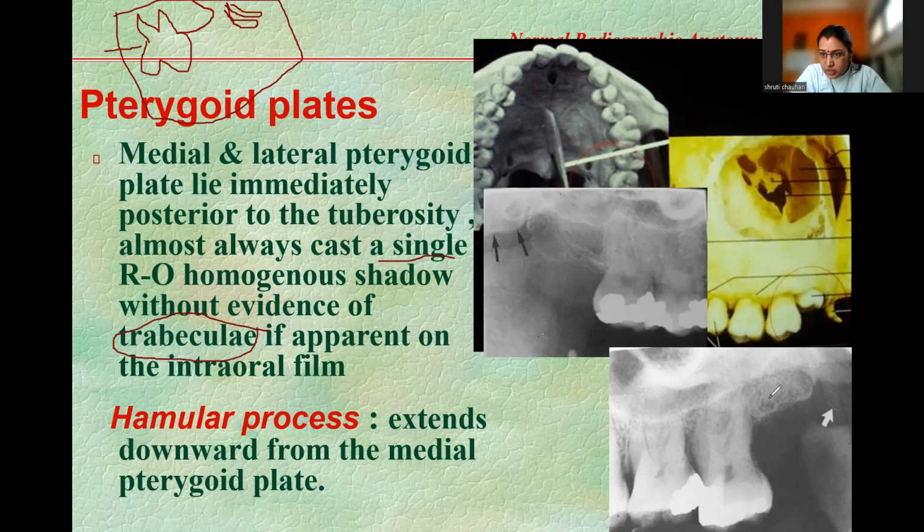See, if you see your tuberosity region, can you see this trabeculae, the holes between the bones, the radiolucency? Now, when you see the pterygoid plates, they do not have trabeculae. Okay, they are homogeneous, they are opaque, they're completely opaque structures. Done? Okay.